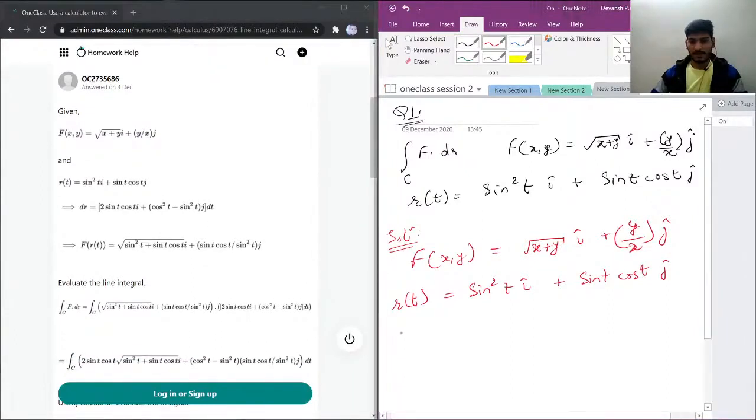We need to find dr, because in our original integral it is F dot dr and we have the r function. So we'll just differentiate this function and we'll get, sine square t will be 2 sine t and sine will be cosine t I cap plus, this will be using the product rule.